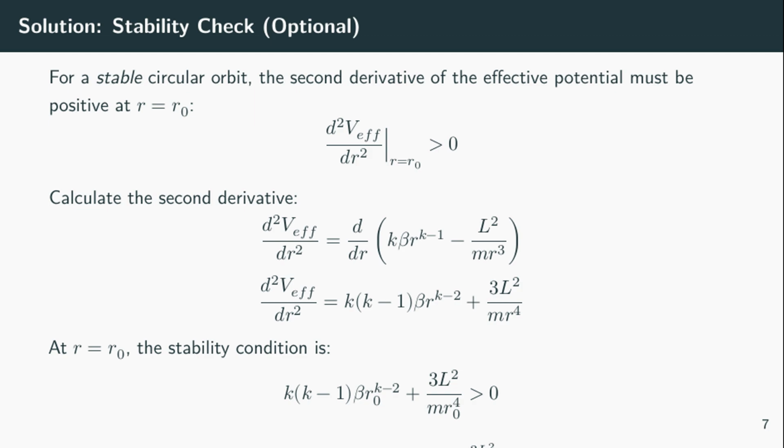Given that beta is positive and r0 to any power is positive, this requires that k times k minus 1 must be greater than or equal to 0. Since k is positive, this simplifies to k minus 1 being greater than or equal to 0, meaning k must be greater than or equal to 1. Option 2 has k equal to 2. Since 2 is greater than or equal to 1, the condition for stability is satisfied for option 2. The orbit described is indeed stable.